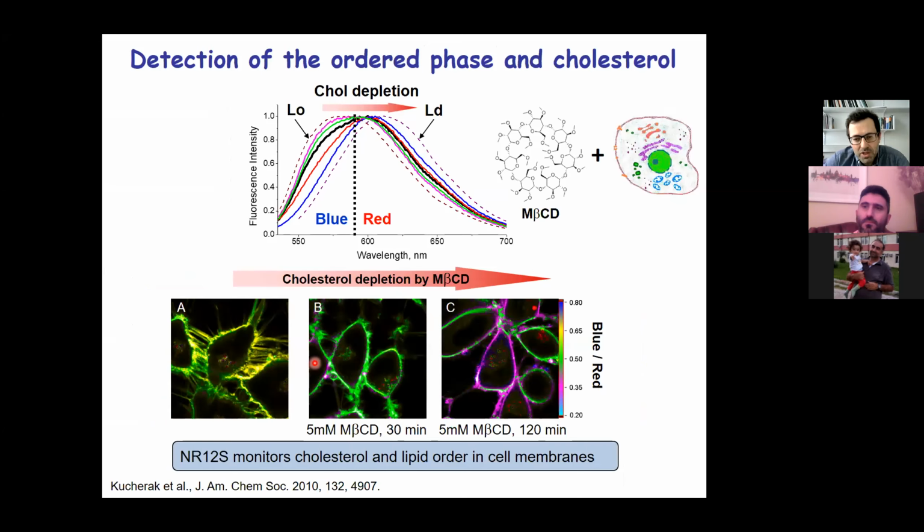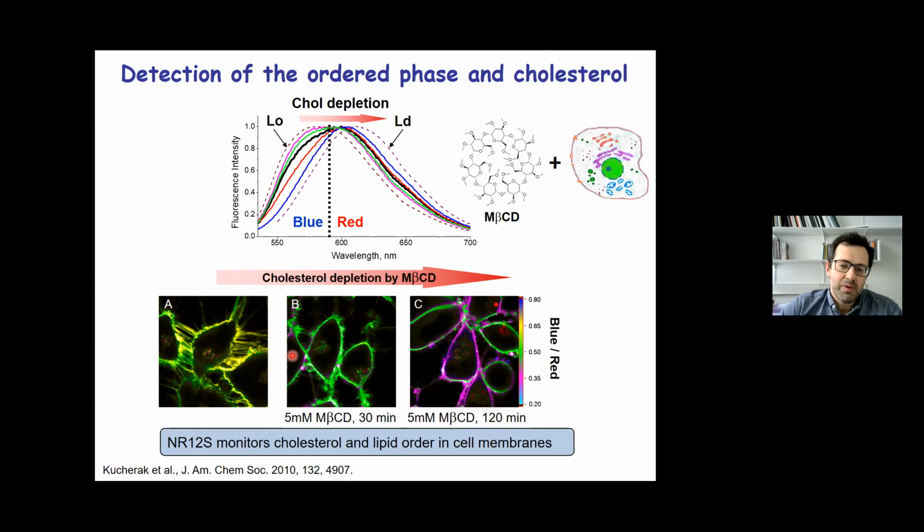Okay, so then when we used this approach to image cells, our big disappointment was that the cell membrane had a relatively homogeneous distribution of the color, which means we did not really see these domains. It was not at all obvious to see any appearance of some heterogeneity. But what we did manage to detect is changing lipid order.